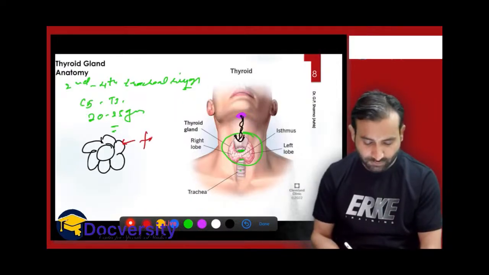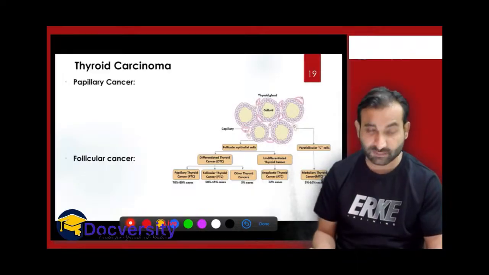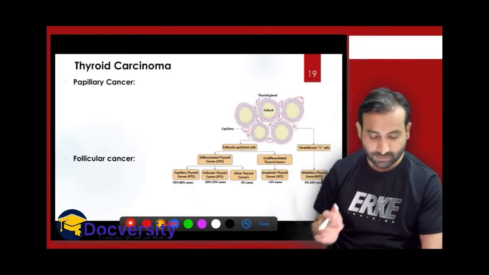These follicular cells are developed from what? Foramen cecum, base of the tongue. And the parafollicular cells, C cells, are developed from what? Fourth pharyngeal pouch. So remember this one. These are the questions in the exam.